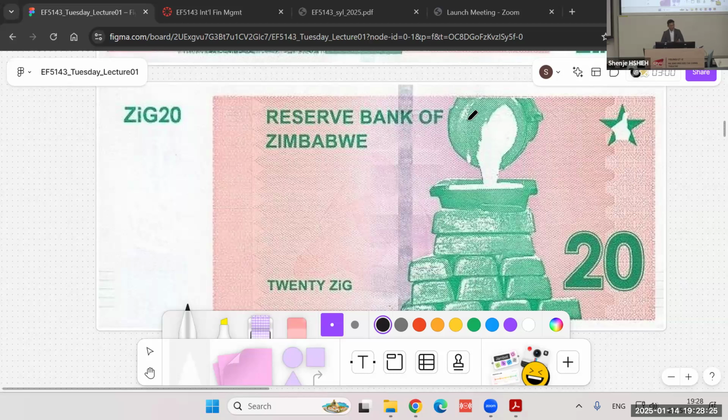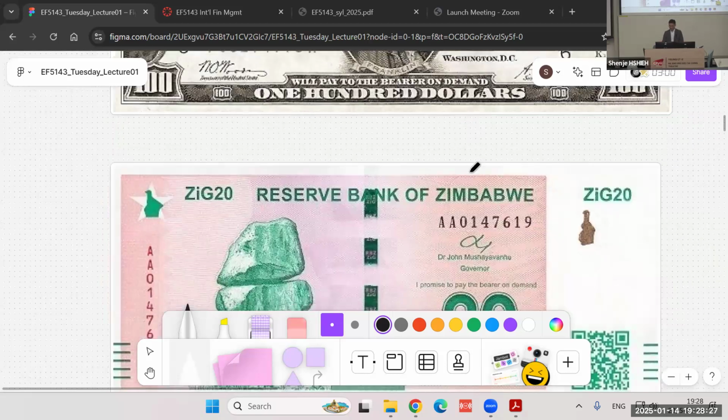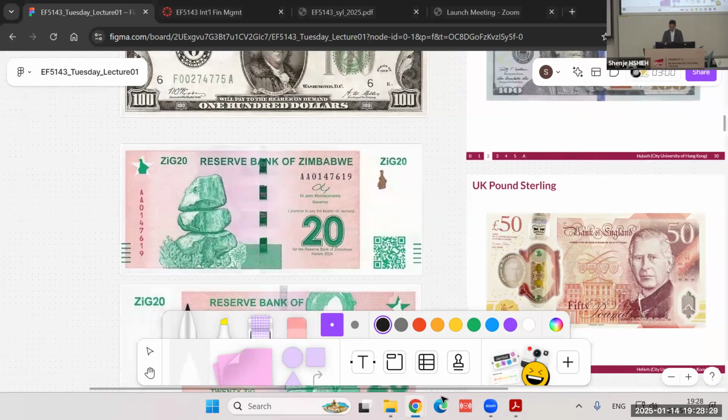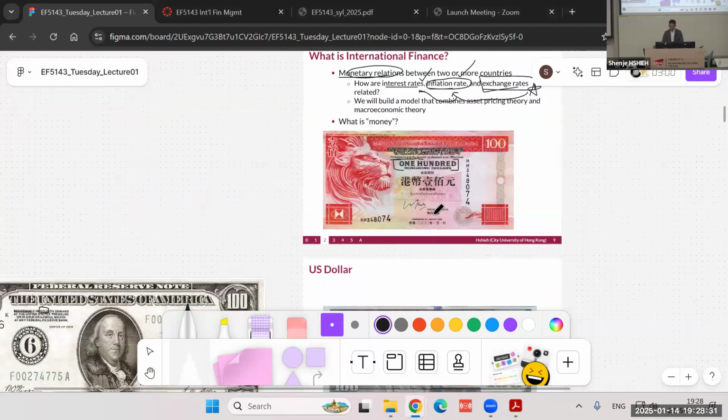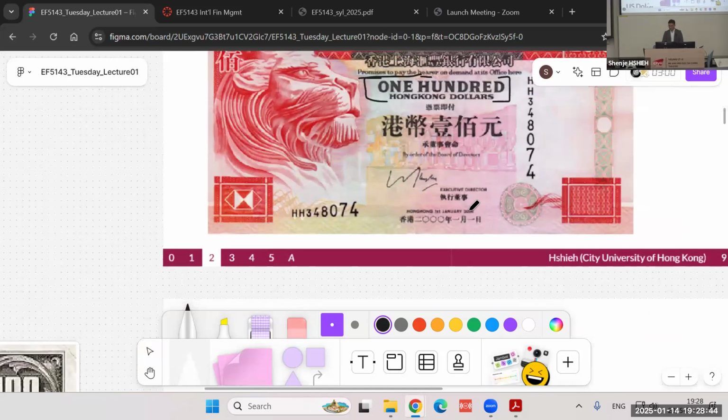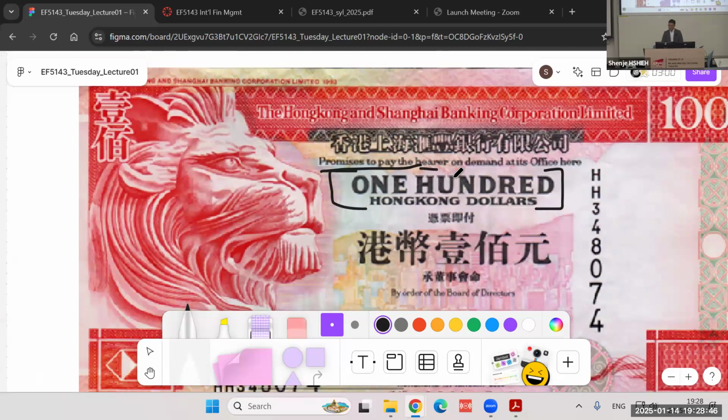All right. But everywhere else in the modern day, it doesn't matter which currency you look at, they will either say nothing, with no description about what you're entitled to. But if they did, all they will say is a promise to the bearer to pay on demand, right?